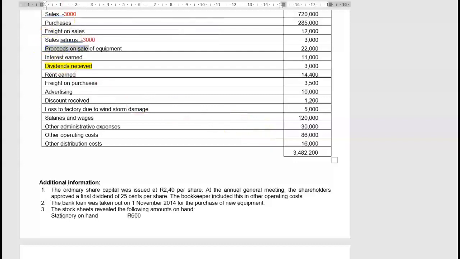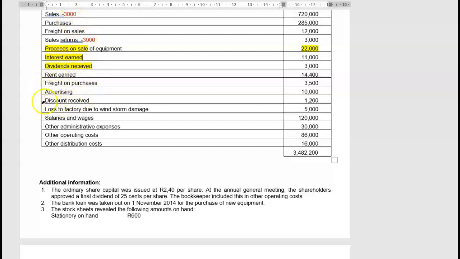Proceeds on the sale of equipment. If you don't know by now that something is seriously wrong and I have to rectify that in my books, then you will probably never know that. Interest earned. So probably interest earned and dividends received are both investment income. So there's a separate line item in my income statement, investment income. Rent earned is a separately disclosable item on my profit before tax note. Freight on purchases should be part of my purchases related cost.